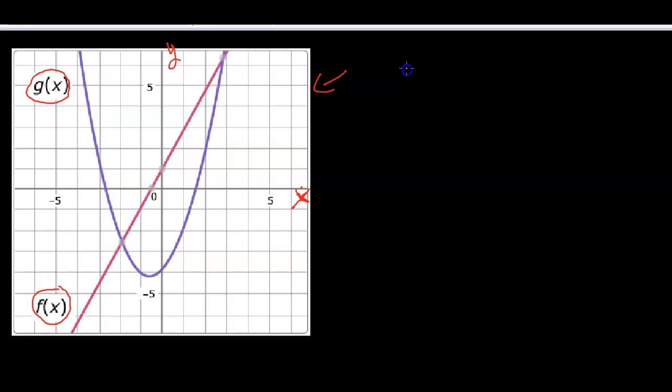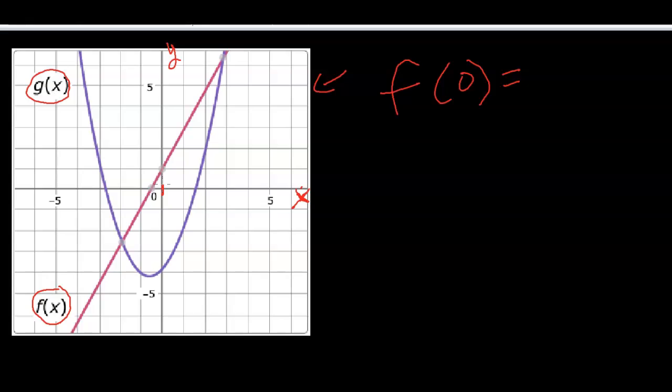What if we were asked now to find the value f of 0? Remember, that means, what is the output of the function f when you input the value 0? We're going to find the value x equals 0 on the x-axis. That's going to occur right here.